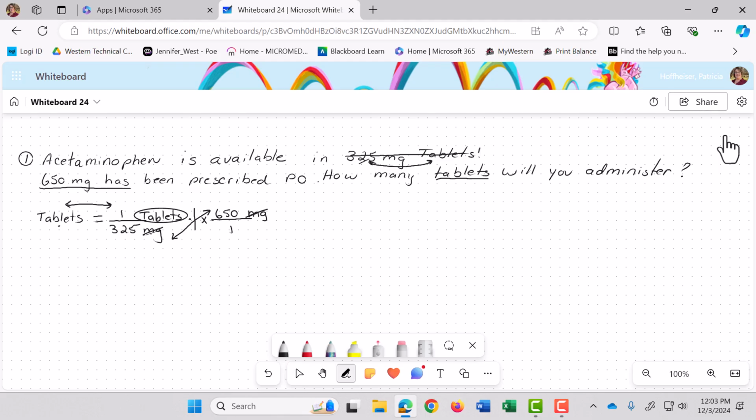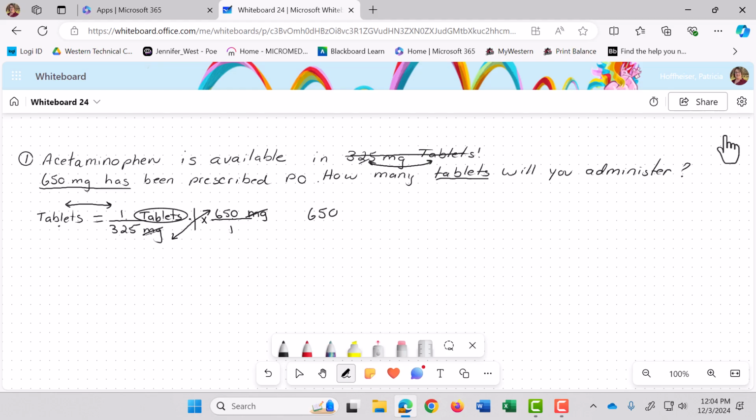So now you know you have set up your problem correctly and you don't need any further conversion factors. And then the next step is to multiply all the numerators together. In this case, it's 1 times 650, which equals 650. And then the next stylistic thing is they can divide one at a time each denominator into that 650, by 325 by 1, or they can again multiply all their denominators together.